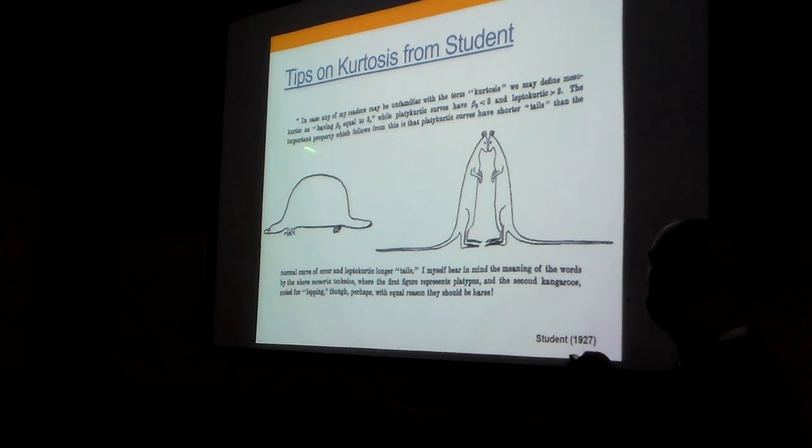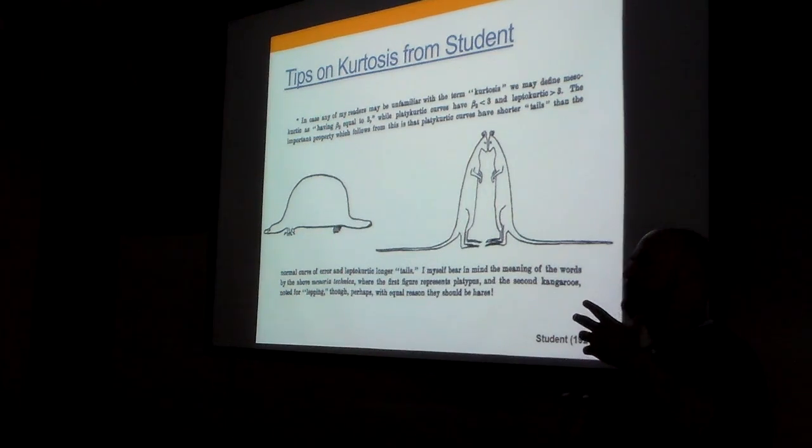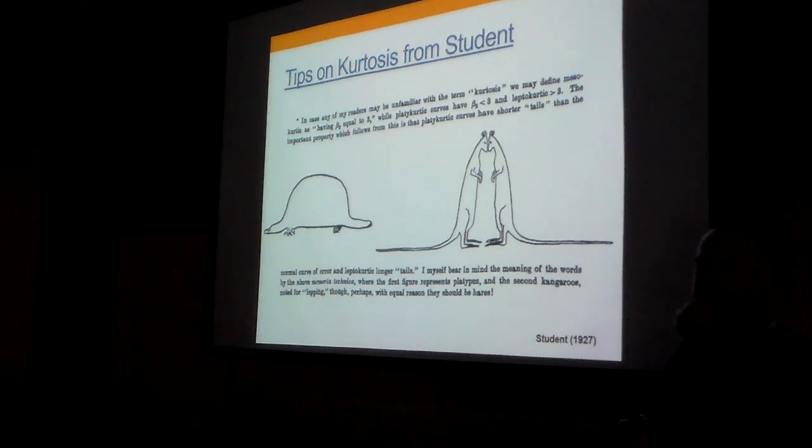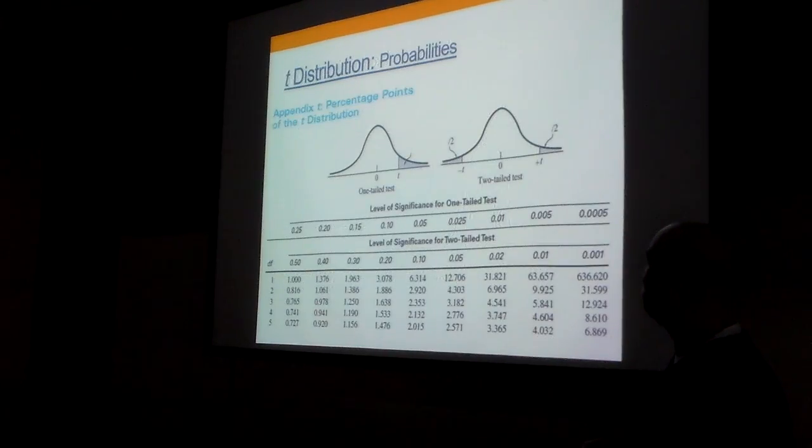So we've got platykurtic here, leptokurtic. I would encourage you all for your next thesis to just hand in some handwritten pictures and say, I would like to submit this as an example of what's going on. But yeah, I haven't seen these sweet animal drawings in any articles lately.